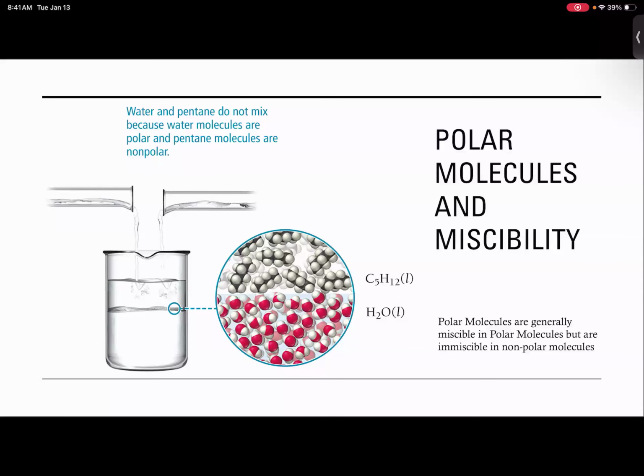Let's talk about other ways to distinguish polar and nonpolar.